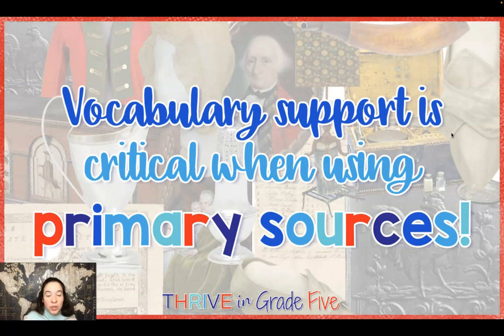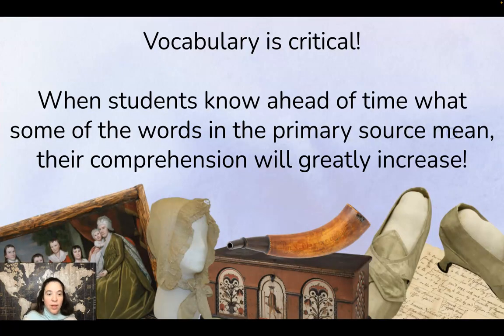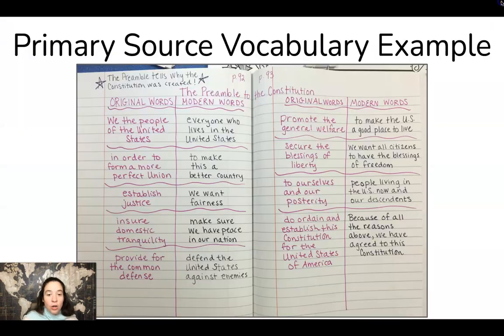When you are using primary sources, vocabulary is critical. Just like when students are reading a new text, if there are a lot of words they don't understand, they are definitely not going to comprehend what they are reading.